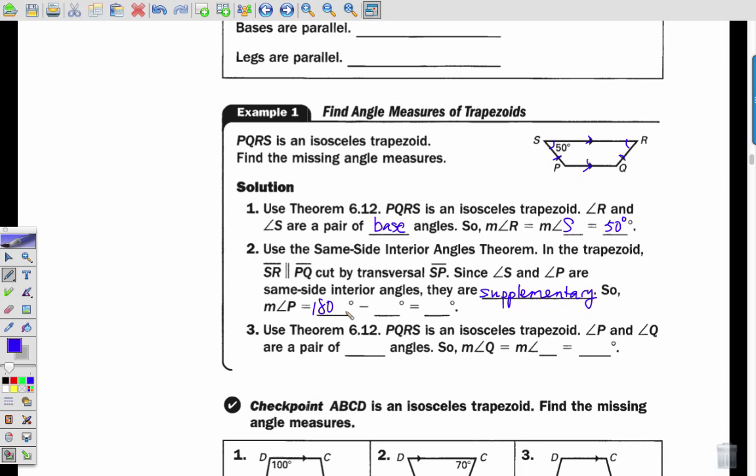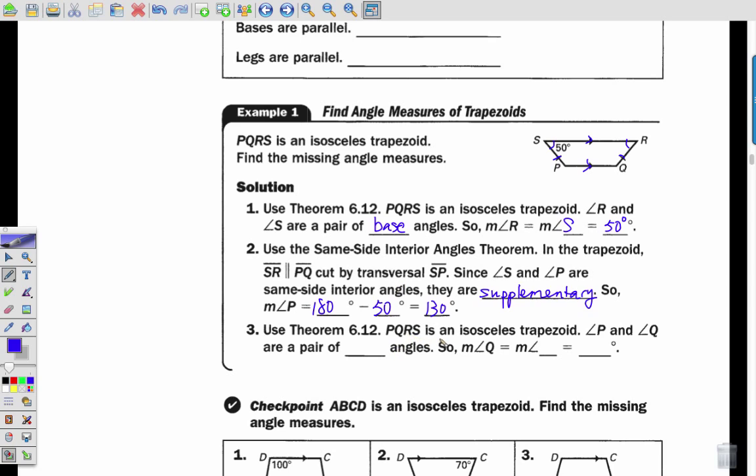So angle P is 180 minus the measurement for angle S. Since I know S is 50 degrees, it's 180 minus 50, which gives me 130 degrees.